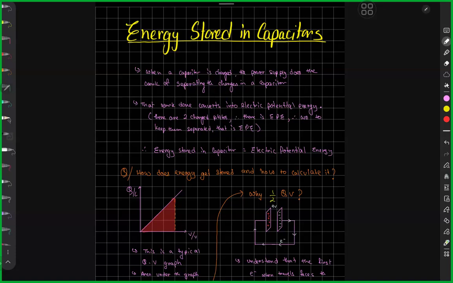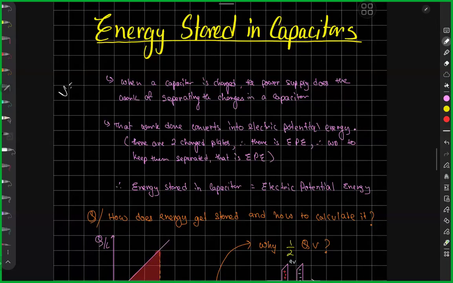Now, usually, when I ask this question, some of my students say, which is very fair, and it's great that they even answer this, that voltage is work done per unit charge. So, how do I find out total energy stored in a capacitor? I will find the total voltage across the capacitor, right? Multiply it with the amount of charge stored on one side of the plate, Q, and that will give me total work done.